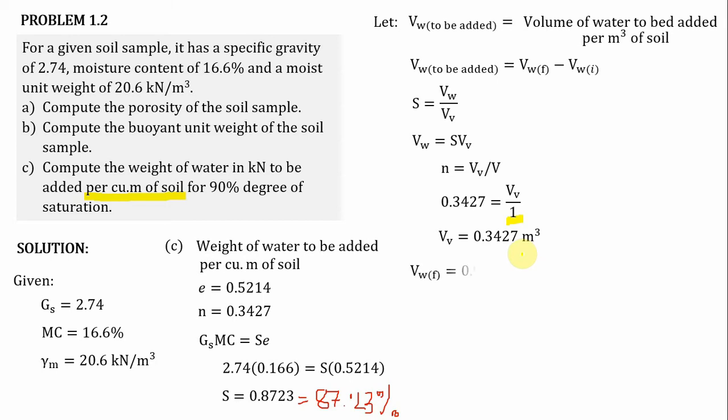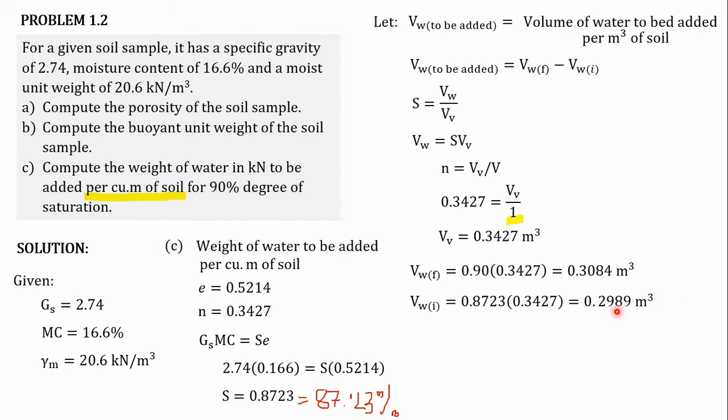Okay? So, therefore, we can now solve the specific volume of water with respect to the degree of saturation nila. Okay, so therefore, the volume of water final is equal to 0.90, okay, times 0.3427 is equal to 0.3084 cubic meter. Okay, that is the volume of water final, no? And then the volume of water initial, okay, so 0.8723 times 0.3427 is equal to 0.2989 cubic meter.